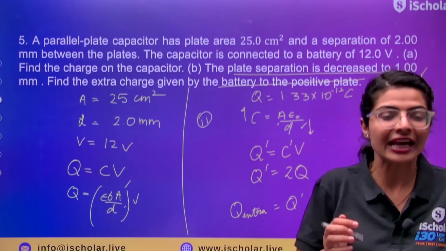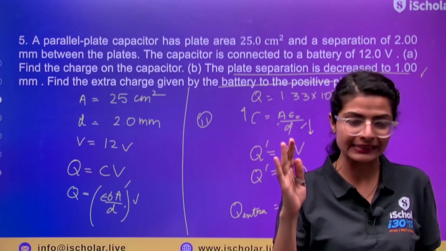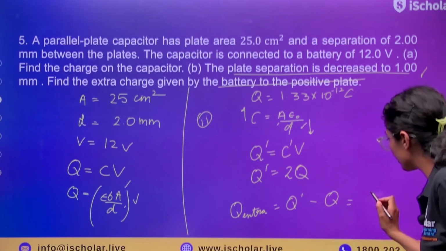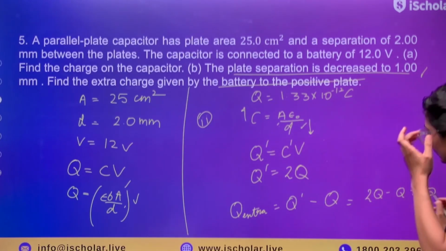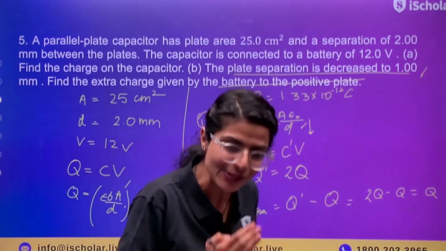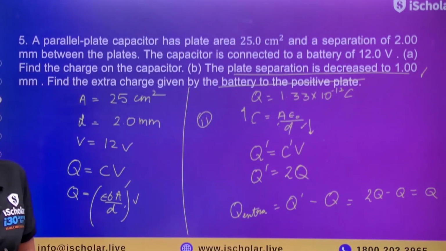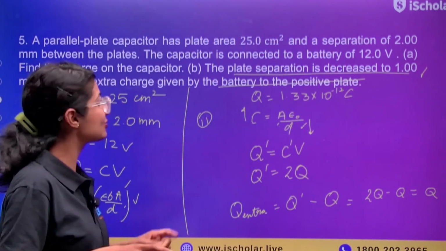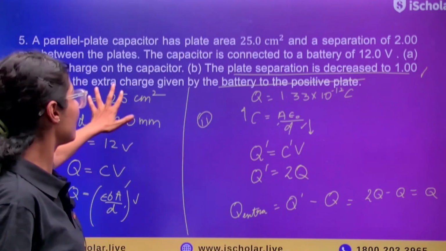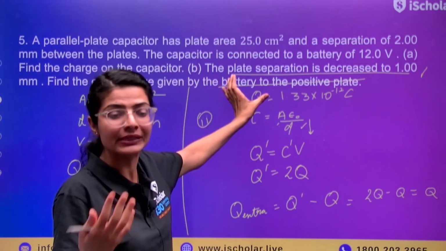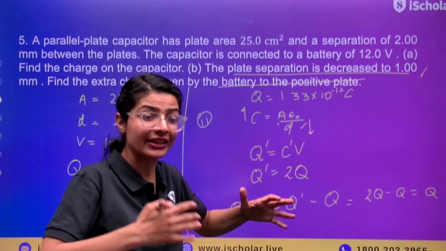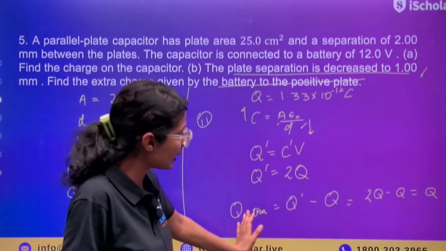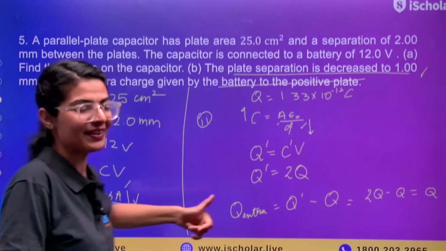The final charge is 2Q minus the initial charge Q, which would be Q itself. So only Q amount of charge will flow over here. Make sure, students, in such type of question, when extra charge flown is asked, some people make a mistake over here. It is extra charge flown, so final minus initial.